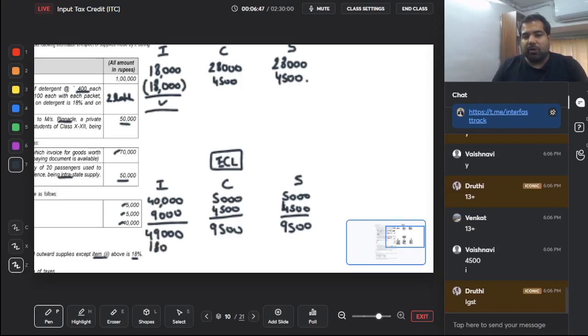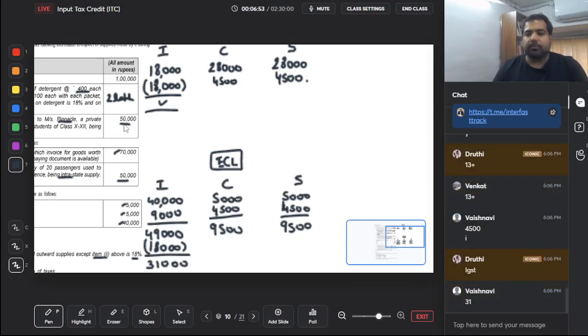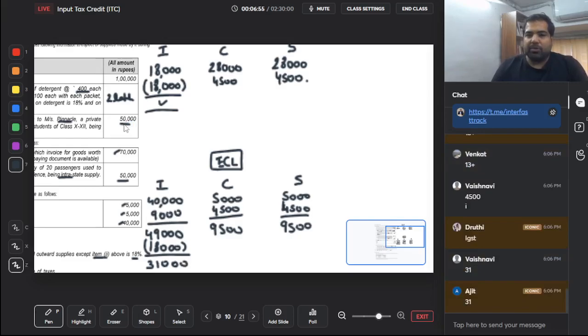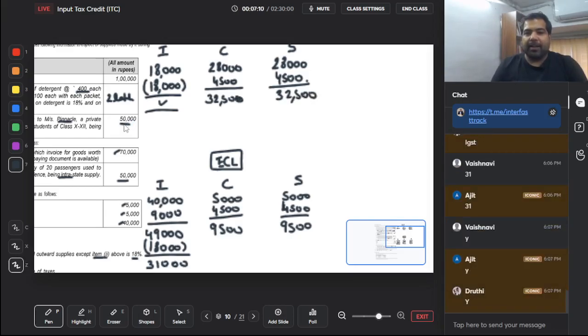Out of this, 18,000 gets used up. So how much is left, guys? 49 minus 18 is 31,000. Next, for CGST and SGST, their bill is 32,500 and 32,500. Guys, please tell me, are both of them needy? Are both of them hungry? Yes. And hungry at the same level? Yes, the same level.